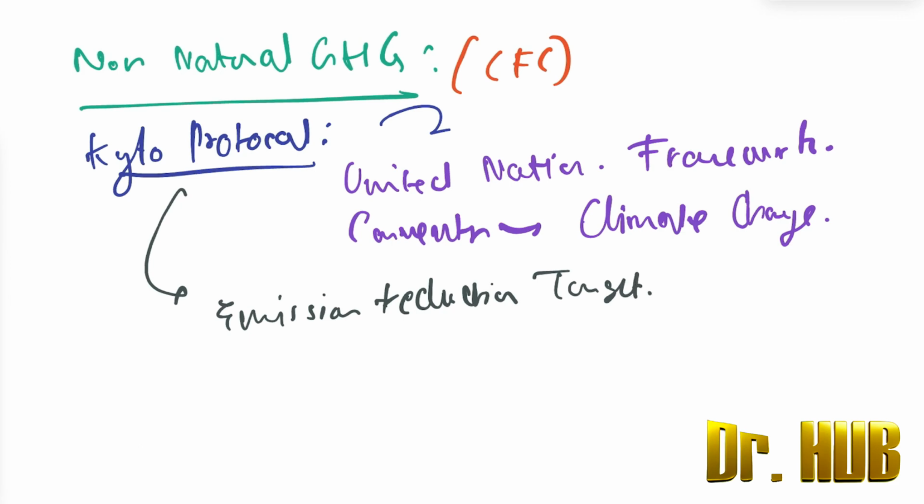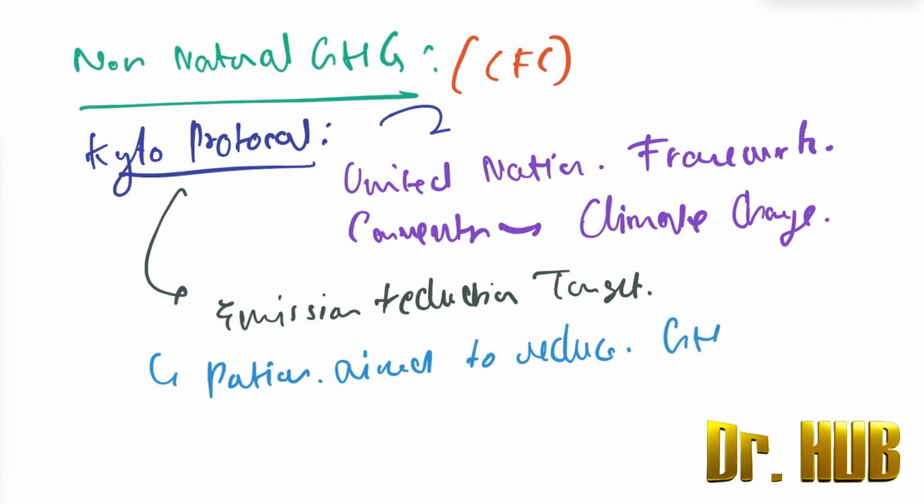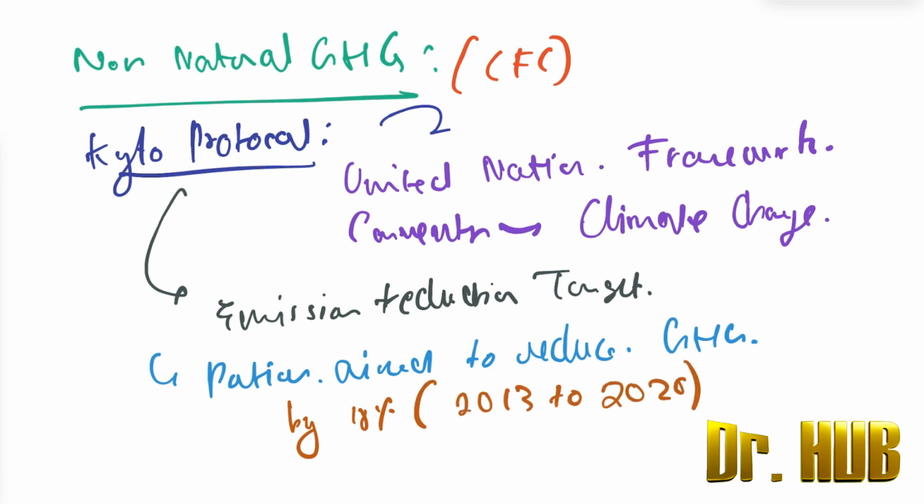The parties aim to reduce GHGs by 18% from 2013 to 2020.